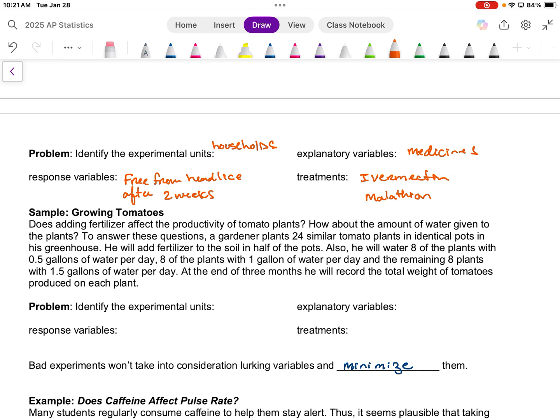And then he will add fertilizer to the soil to half of the pots. Also, he will water 8 of the plants with a half gallon of water per day, 8 plants with a gallon of water, and then the remaining 8 plants will get a gallon and a half. At the end of 3 months, he will record the total weight of the tomatoes produced for each plant.